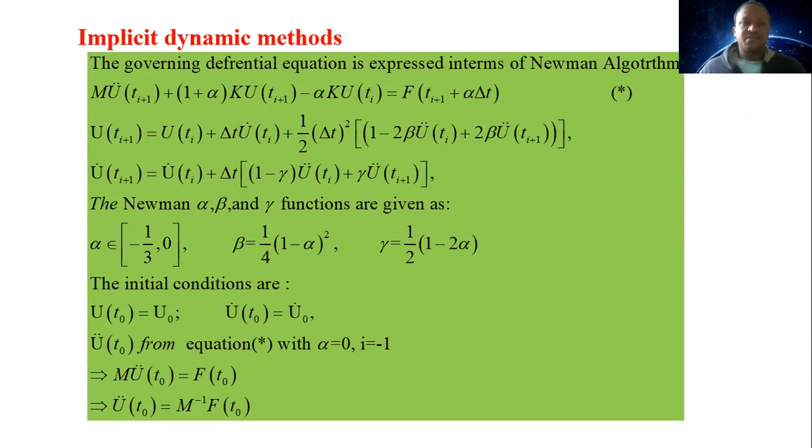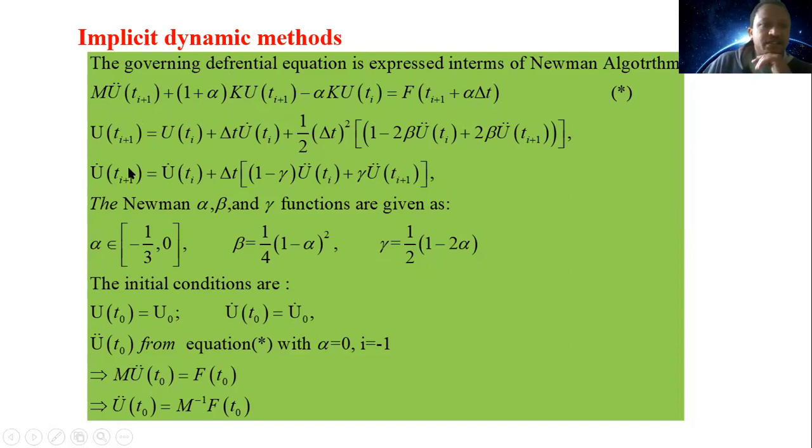The Abaqus system is designed with a governing differential equation of this type: mass times acceleration at t_{i+1}, plus (1 plus alpha) times k u of t_{i+1}, minus alpha k u of t_i, is equal to f of t_{i+1} plus alpha delta t.